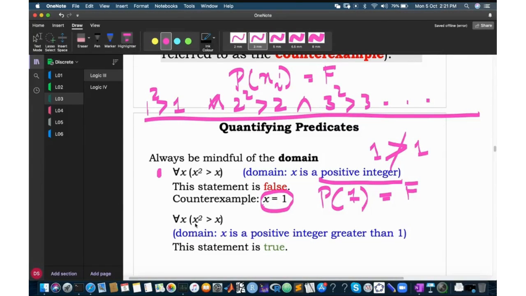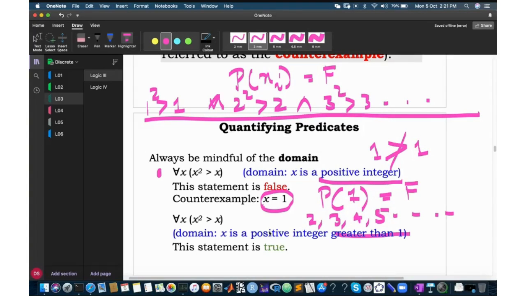Now, after finding this out, I want to modify my statement, and I say that for all x, x squared is more than x, where x is a positive integer greater than 1. So I'm saying that the statement is true for 2, 3, 4, 5, and so on.